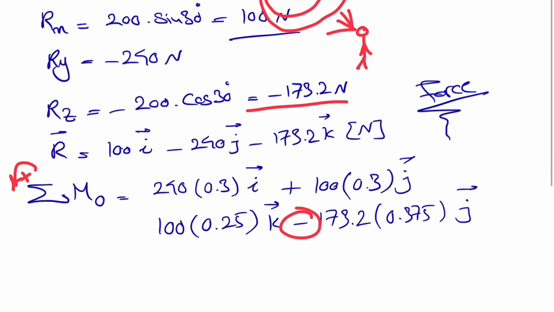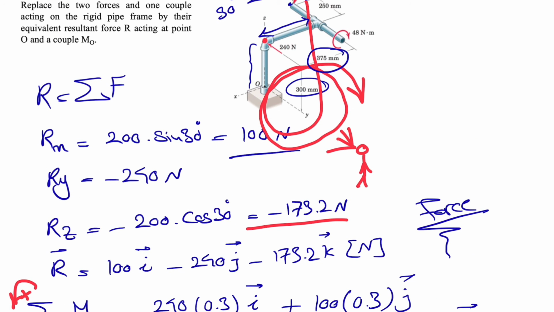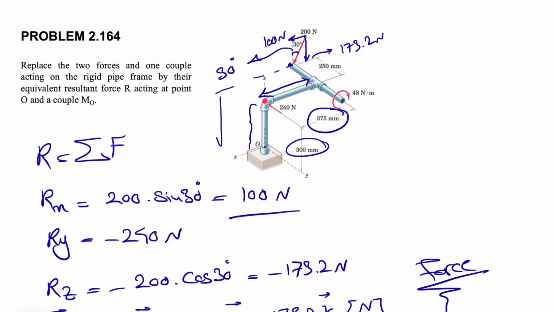What we care about is the direction of the moment, finding out whether the moment is clockwise or counterclockwise. As long as we can figure out the direction of the moment, we only put the magnitude of the force and the distance.